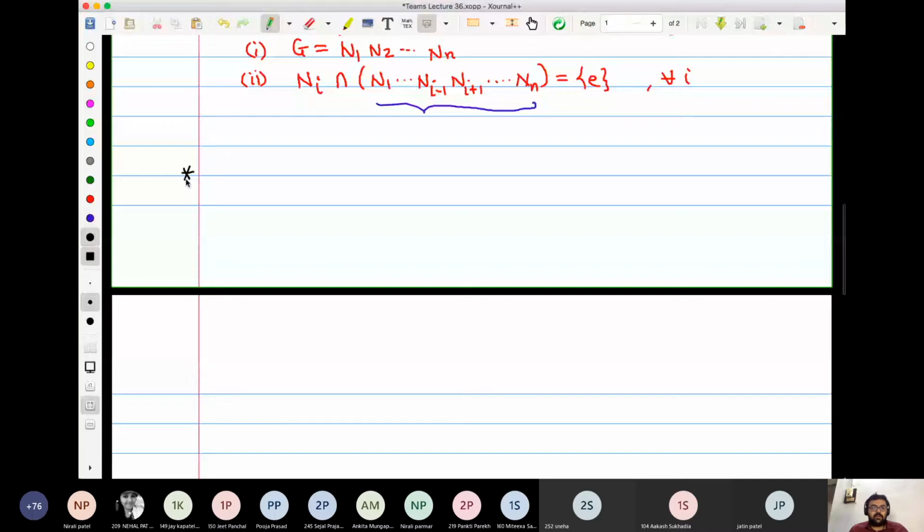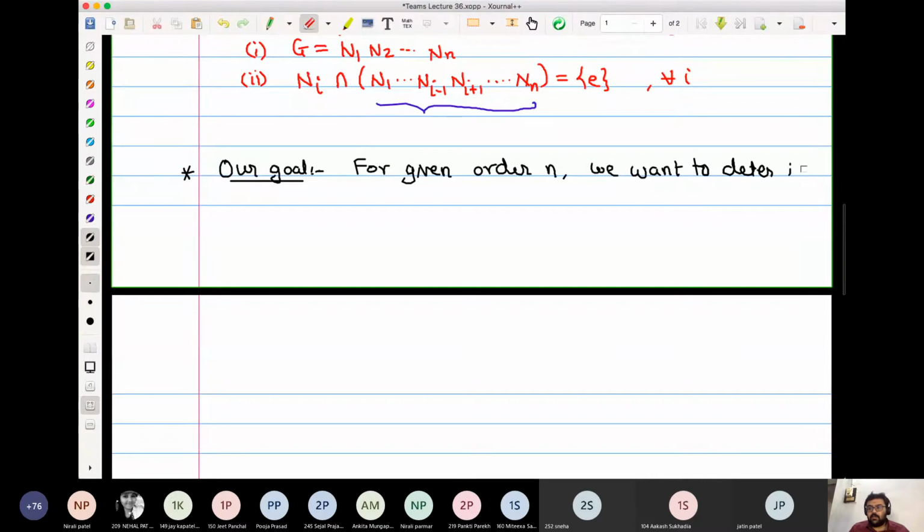Our goal, let me write what our goal is: for a given order n, we want to determine the number of different abelian groups.